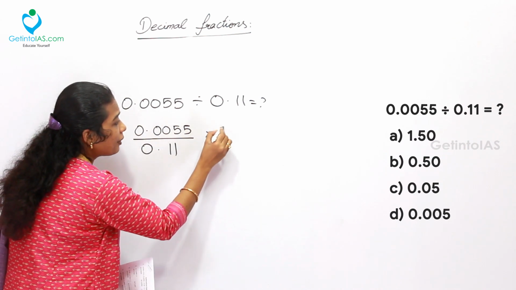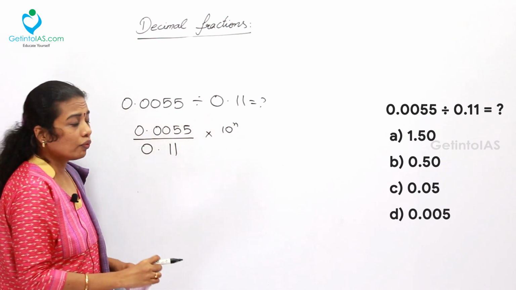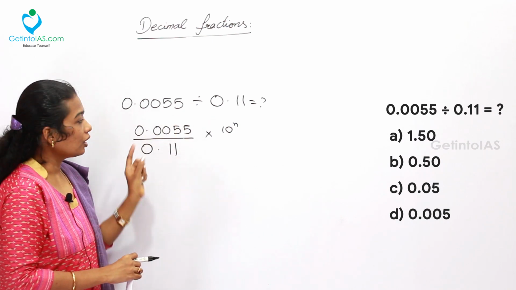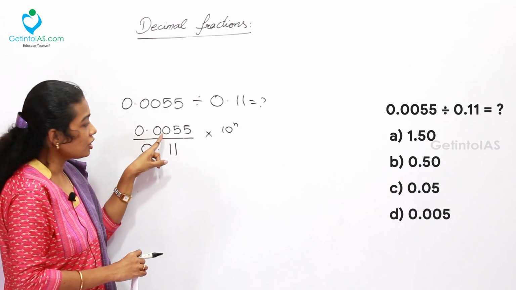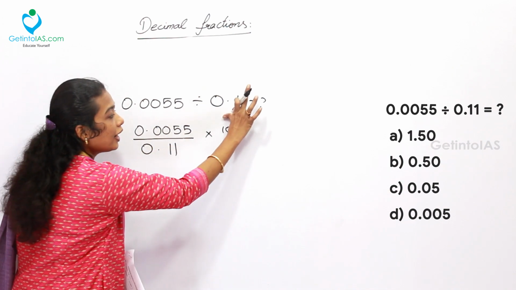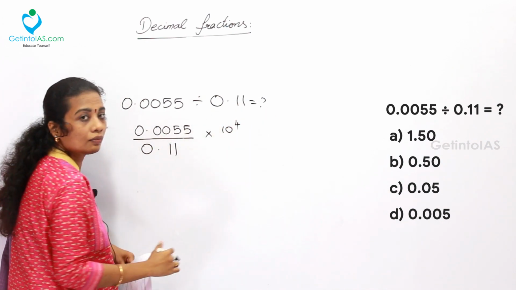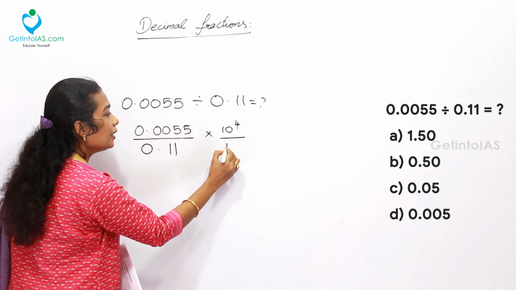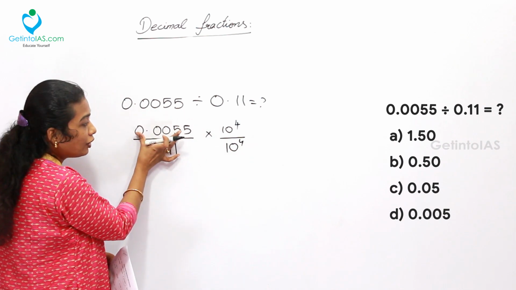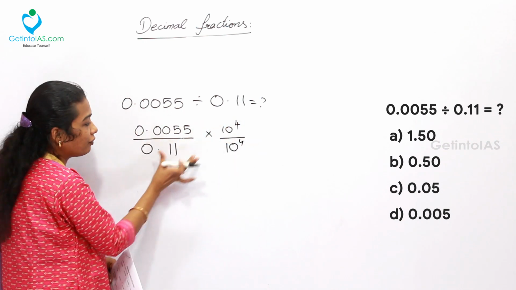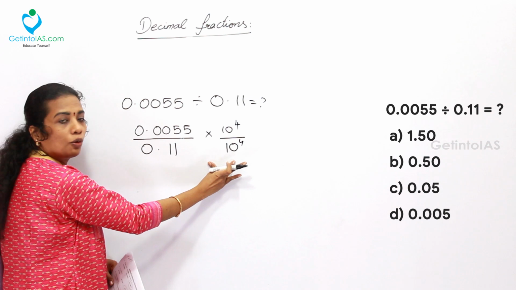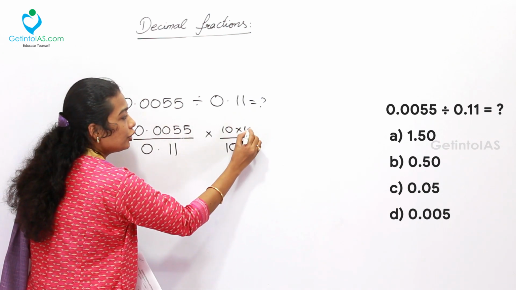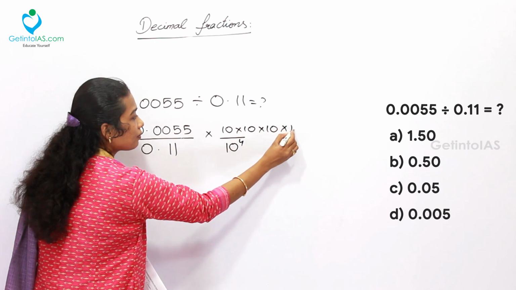Always multiply with 10 power n. Why? Because you want to make this number into a whole number. So how many digits are there? 1, 2, 3, 4. So 10 power 4. If 5 digits are given after the decimal, you take 10 power 5. So divided by 10 power 4 as well. Why? Because whenever you multiply the numerator by some power, you want to do the same with the denominator also. Now you can solve it. 10 power 4 can be written as 10 into 10 into 10 into 10.